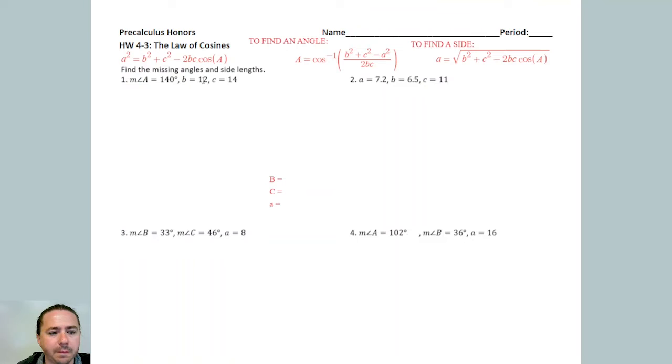Okay, and that way, once we have angle B, we can start either using law of cosines or law of sines, depending on what we decide to do here. So I'm going to use this little formula that we got from earlier.